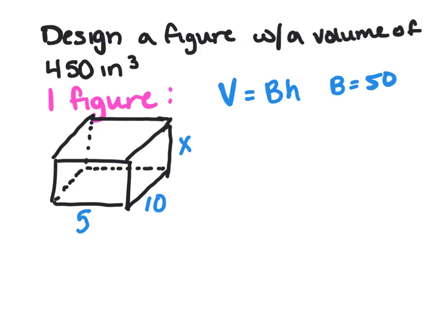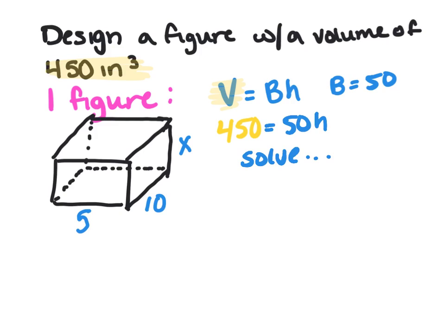So if my volume has to equal 450, I could plug in the 450 for the volume equals the base of 50 times the height. And then you could keep solving from there.